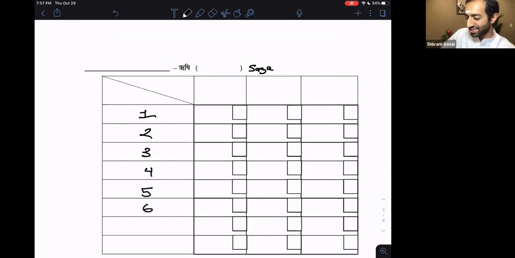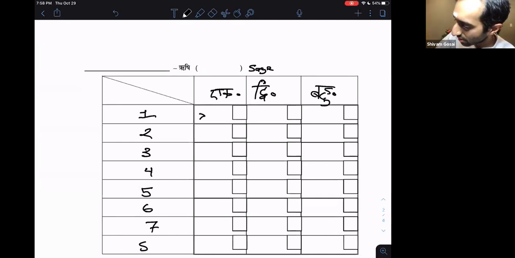Ideally, we should write out the Sanskrit so we don't forget. Ekavachanam, Dvivachanam, Bahuvachanam. So we want to do Rishi.